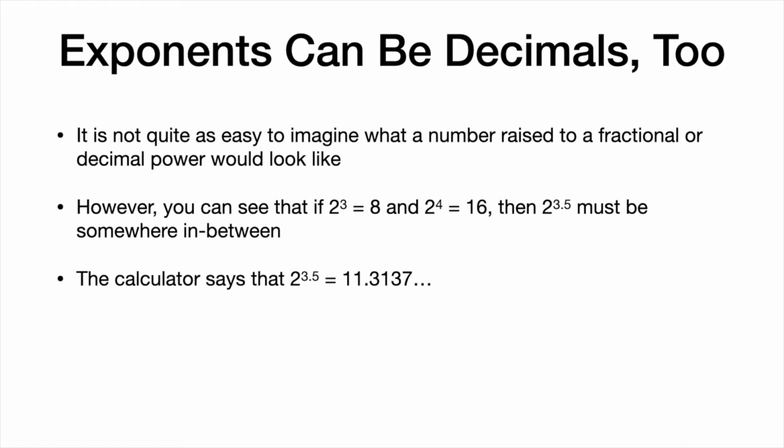So it's not quite where we're at. So if you have a decimal power, you can just use your calculator to put it in. So since 2 raised to the 3.5 power is 11.3137, then we can also say that log base 2 of 11.3137 and continuing equals 3.5.